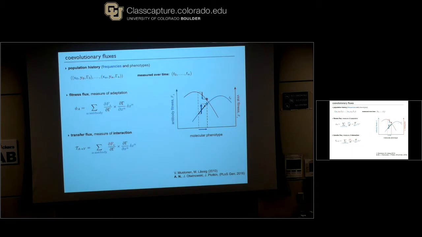That's a measure of interactions between antibodies and viruses. And if this is a heat dissipation, as we argued before, transfer flux basically plays the role of work in the system. So it's the work that antibodies do on the virus without viruses actually doing anything. And in the notion of population genetics, work is meaningless, what we discussed before, right, because we don't have conservation of energy or anything that looks like conservation of energy.